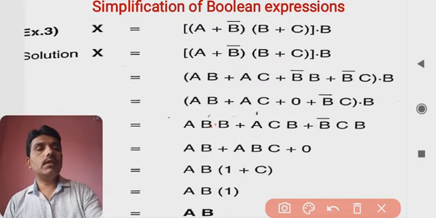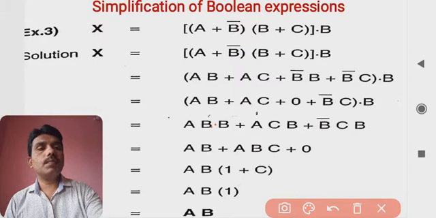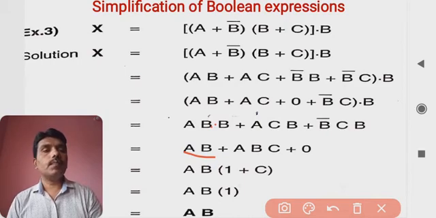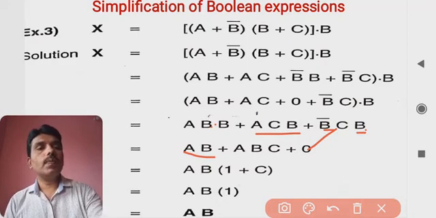Here again the another part, A and A is always A, B and B is always B. So for two B's we will write one B, that's why it is AB or ABC. सिक्वेन्स फक्त मेंटेन केला, पुढे मागे लिहिलं तरी चालतं. And this term is already 0 because B complement B is 0. And if you look at this case here, you will get AB as a common part.